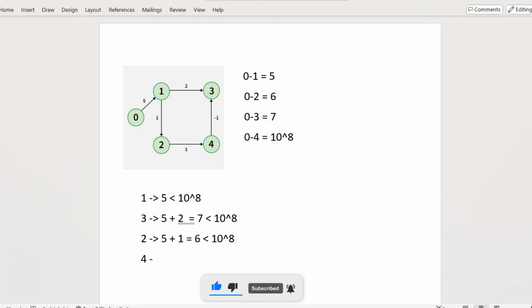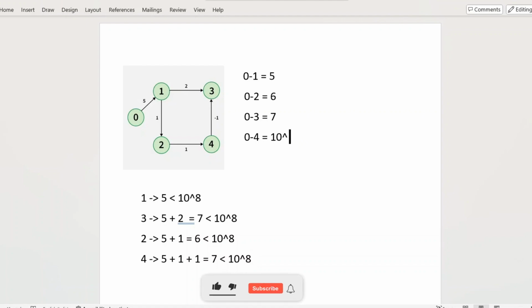So for the fourth node, which is 0 to 1, the weight is 5, and then 1 to 2 the weight is 1, and then 2 to 4 the weight is 1, which is equal to 7, and it is also definitely less than 10 power 8.